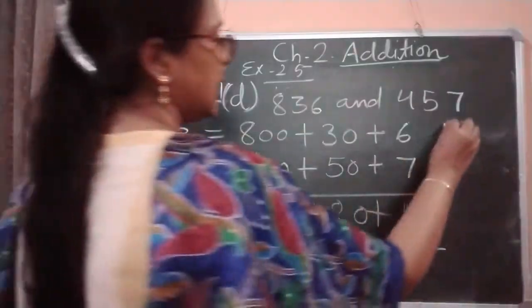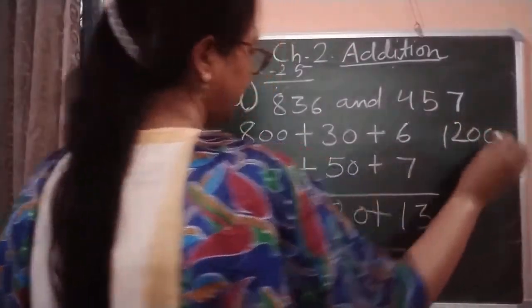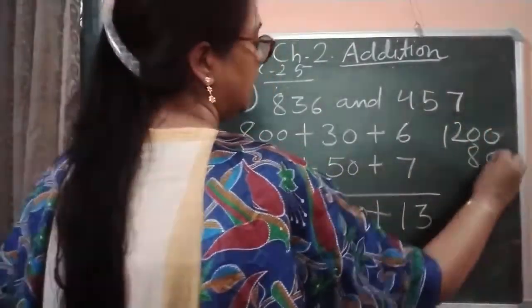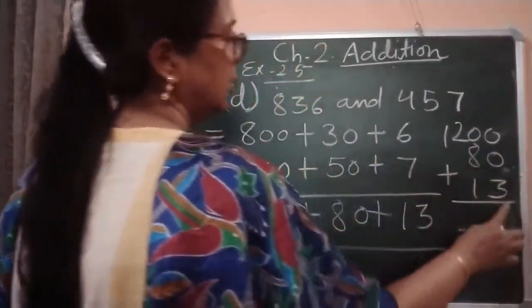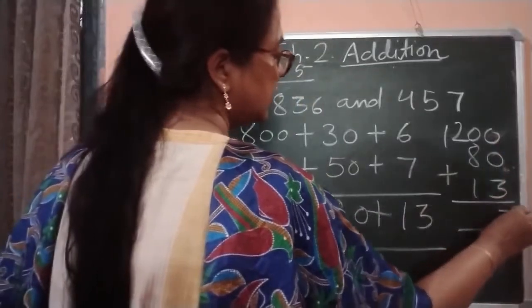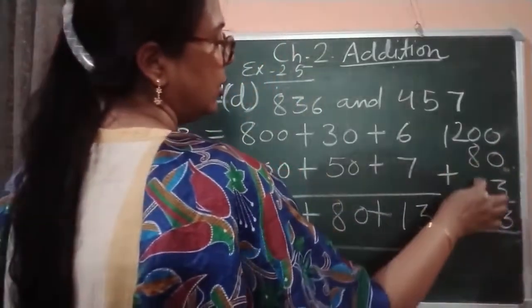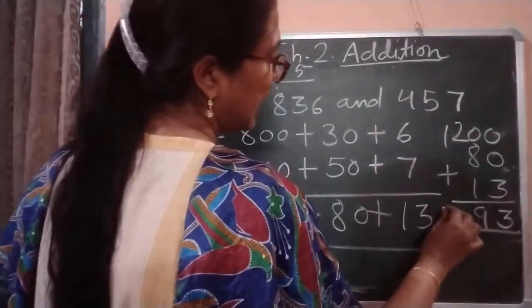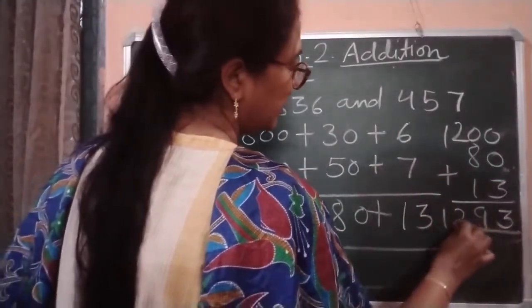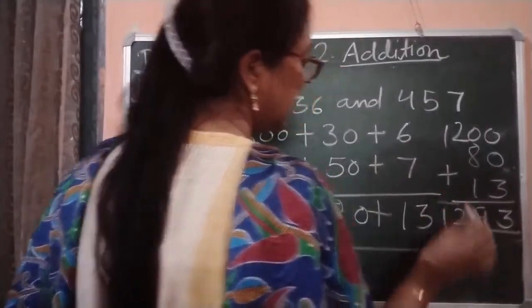Now let's count 1280 plus 13. Let's count, children. 3 and 0 is 3. Now 8 and 1 is 9. Now 12 we will write as it is because we don't have any number.